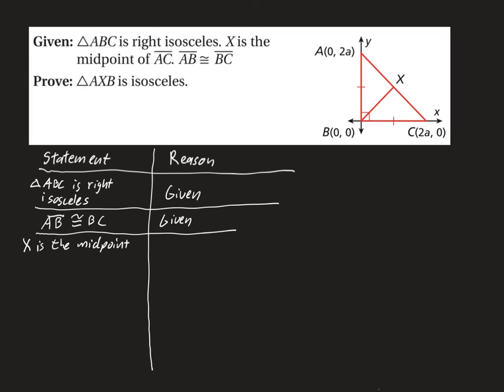So we will end up using that. We could show that these are congruent to each other. But what I want to actually do is find the coordinates of x here. So I'm going to use the midpoint formula to help me do that, since I know the coordinates of the other 2 points.